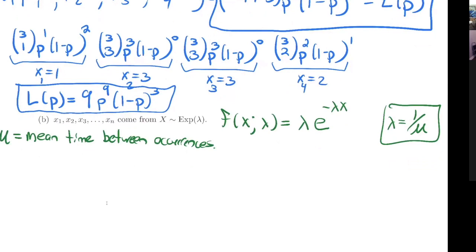And so here, if we wanted to come up with the likelihood function, okay, this is going to be a function of the parameter lambda in the exponential model. So we could write that as the product of all of the PDFs evaluated at each of those xi's.